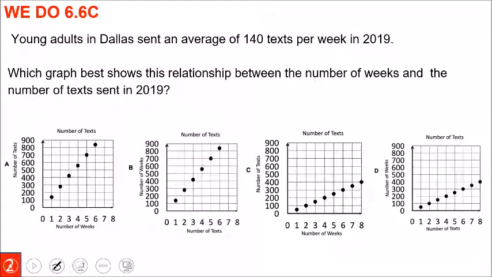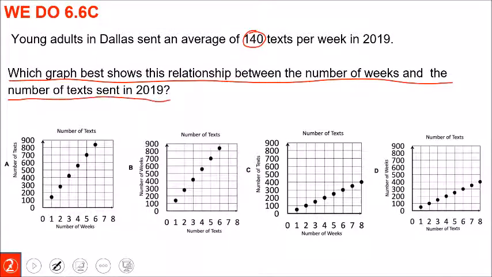So first of all, we are going to circle our numbers. We're going to circle 140. And then we're going to underline the question. They want us to figure out which graph best shows the relationship between the number of weeks and the number of texts.